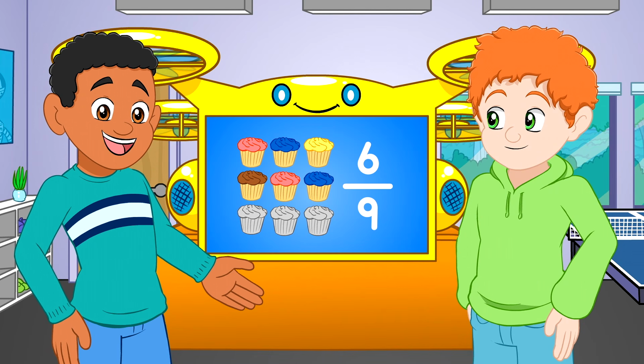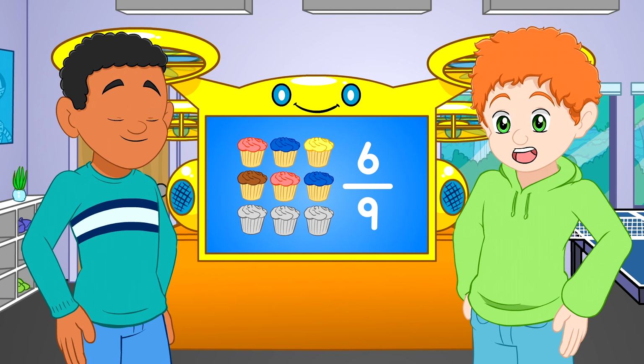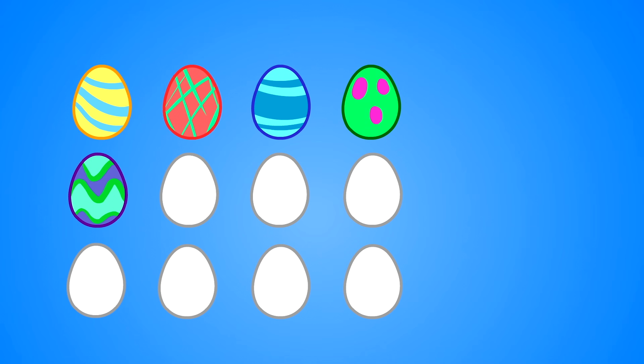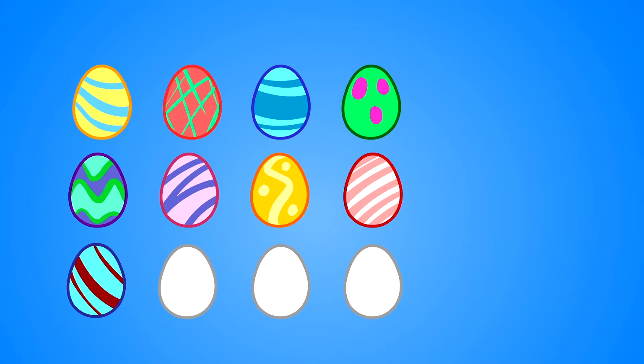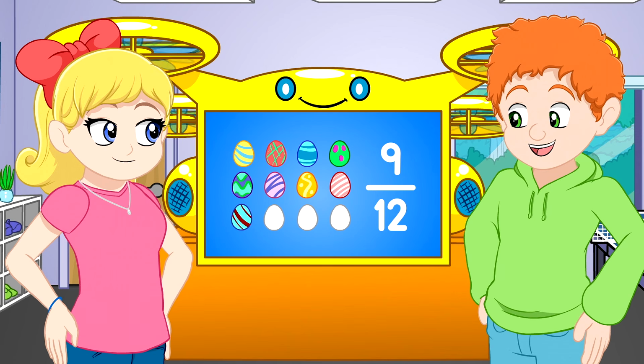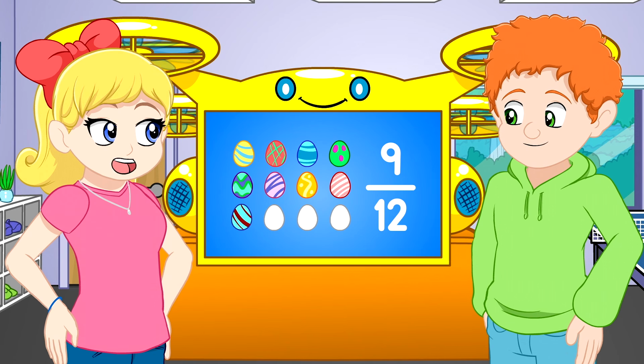Six-ninths of the cupcakes are in color and even look good enough to eat. I'd like a chocolate one. Nine-twelfths of these eggs have been colored. We'll finish dyeing the rest of them later.